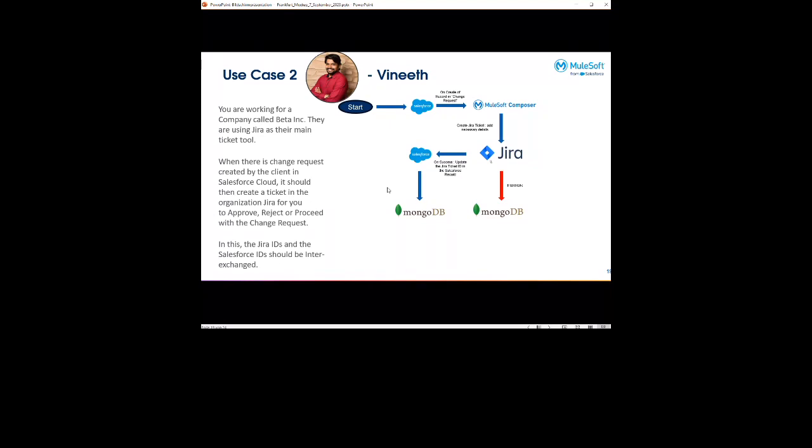So ideally, when a change request is created in Salesforce by the client, we need the change request to be in our system, which is Jira, our ticketing tool, and we will proceed with the ticket. And as we don't share access to Jira or Salesforce, we have a common logging platform, which is MongoDB. We use MongoDB to log everything for both the client and us to refer to.